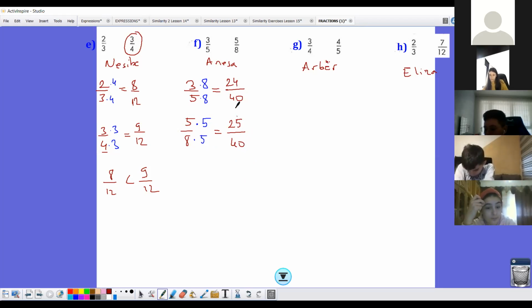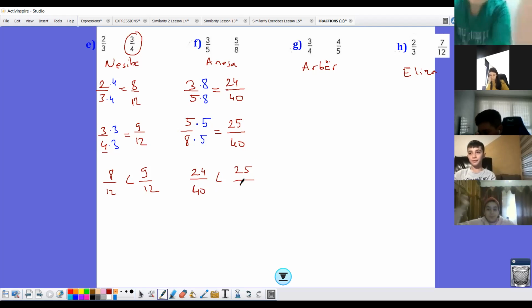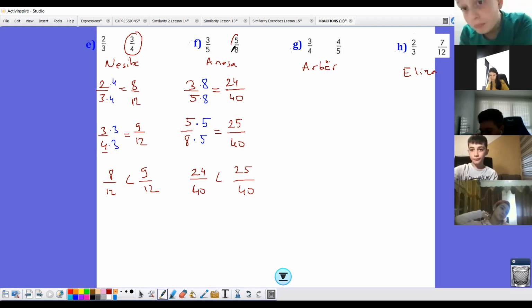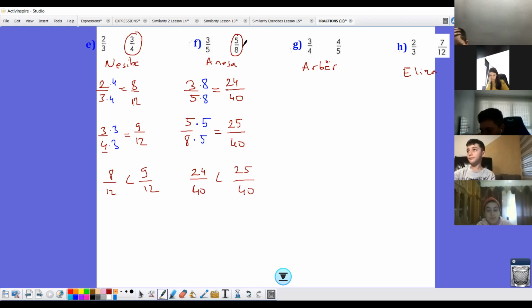So which one is bigger? The bigger one is 25 out of 40. 24 out of 40 is smaller than 25 out of 40. So from these ones, 5 out of 8 is the bigger one.